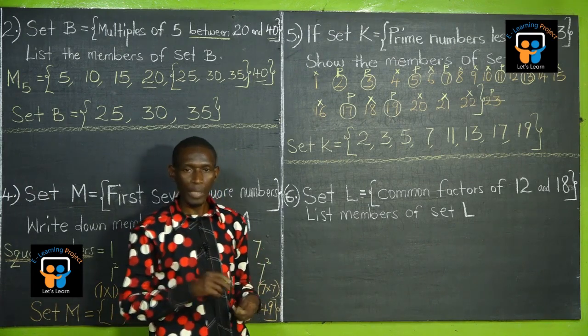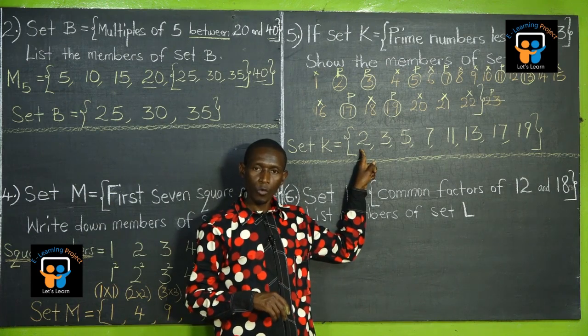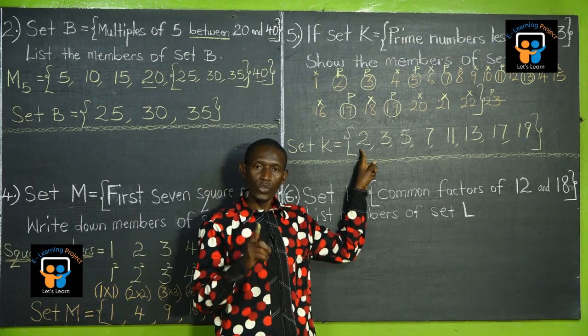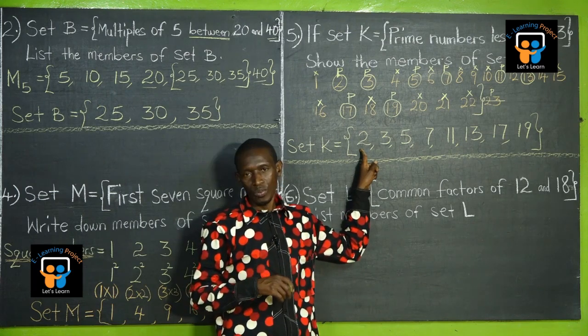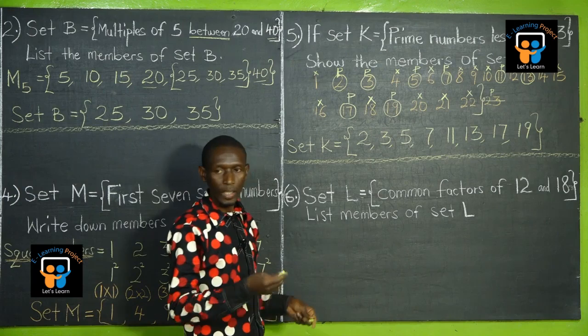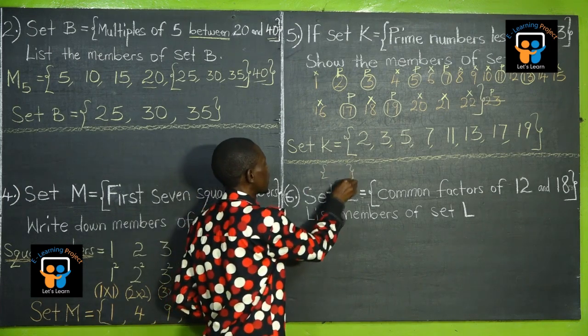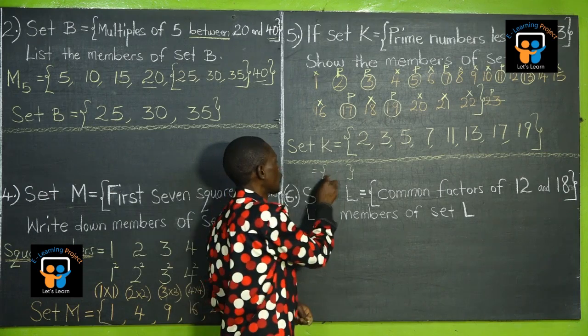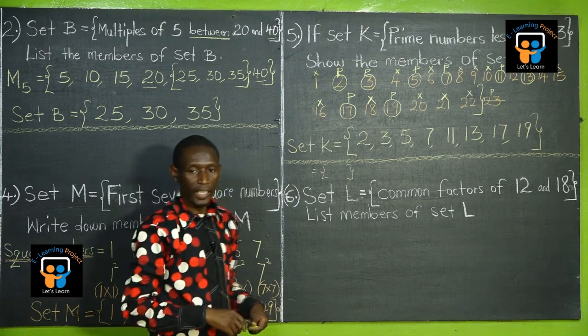Which is the first prime number? 2. The first prime number is 2. So when they tell you to write down prime numbers less than 2, it is not there. The set will be empty. Prime numbers less than 2, your set will just be like this, nothing there. This is what we call an empty set.